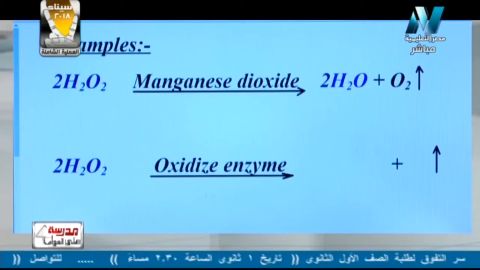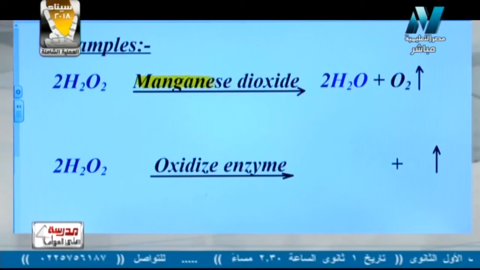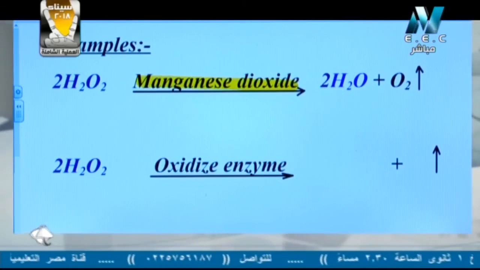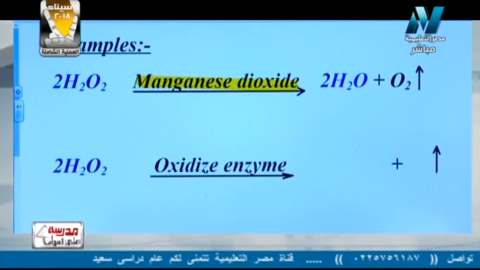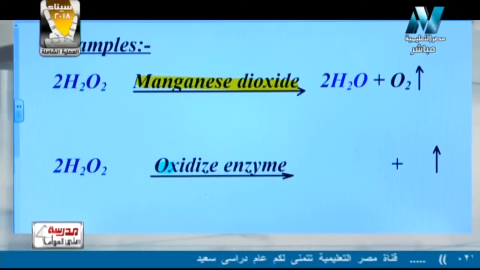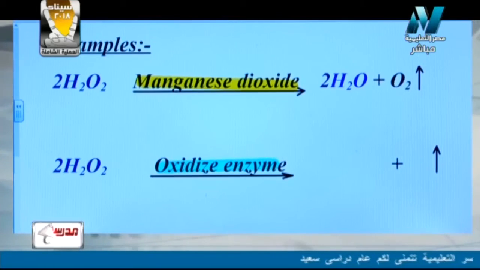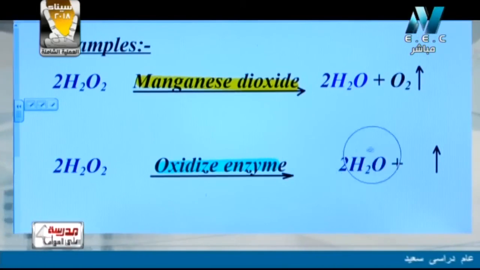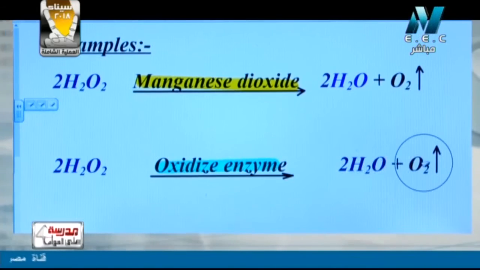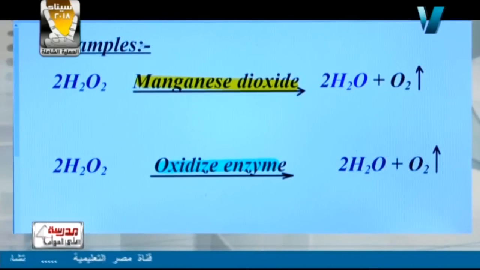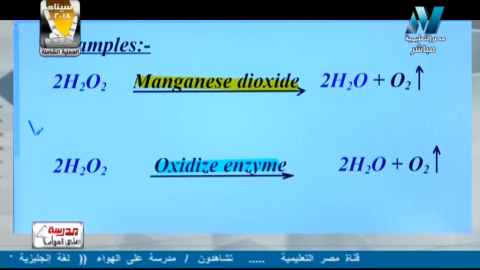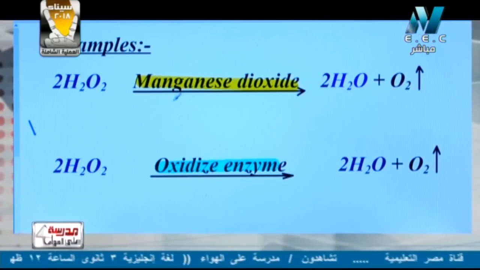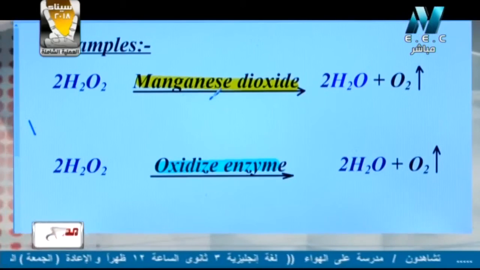By what? By manganese dioxide, which is a positive catalyst because it speeds up the chemical reaction. And if we use another catalyst, the oxidase enzyme, it will decompose hydrogen peroxide also into water and oxygen gas evolving. So we can know now the catalyst. We have 2 examples in our curriculum: manganese dioxide and the oxidase enzyme.